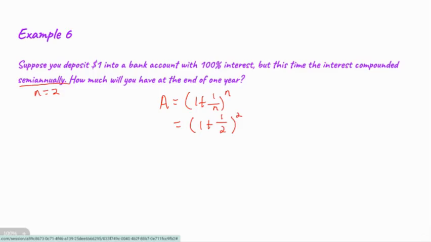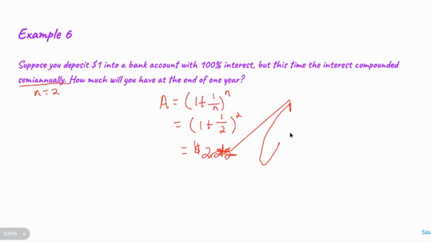Compounded semi-annually means we're splitting the interest rate up into 2 parts over the course of 2 different times in the year. So every 6 months. And you'll see we get an answer of $2.25. Let me rewrite that. There we go. I had a little pen glitch there.